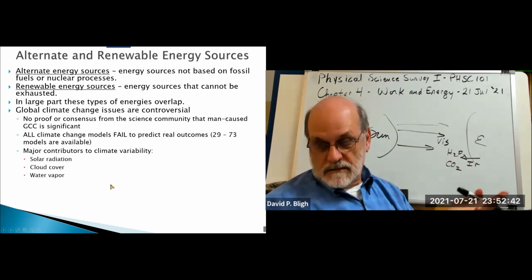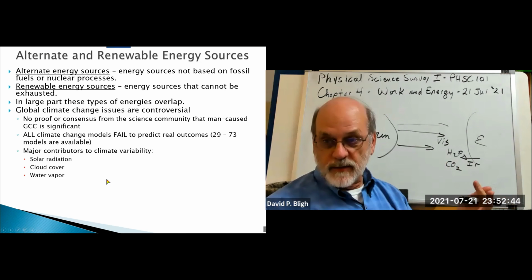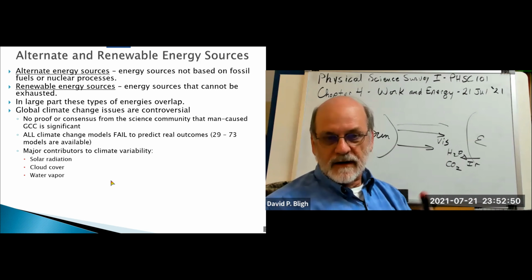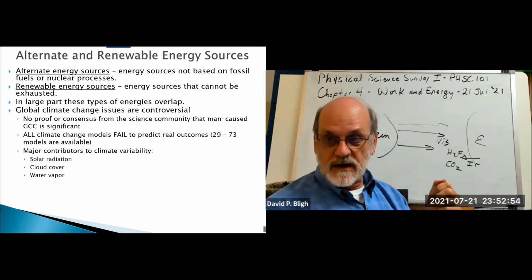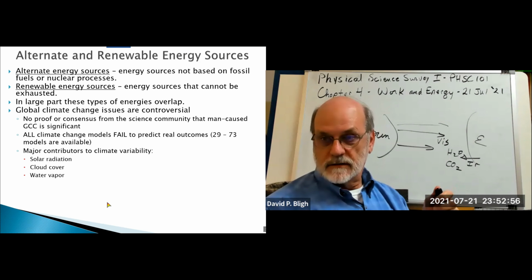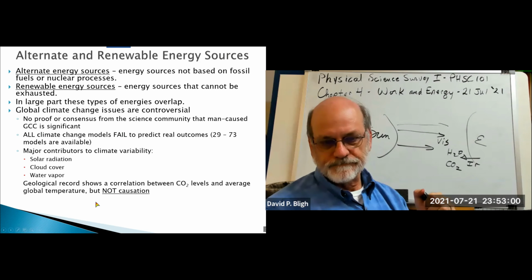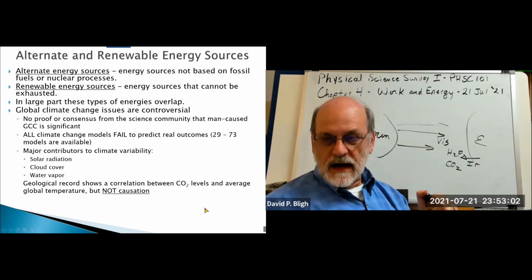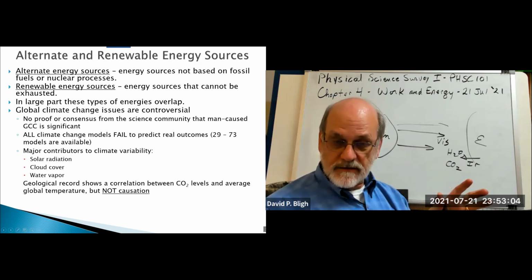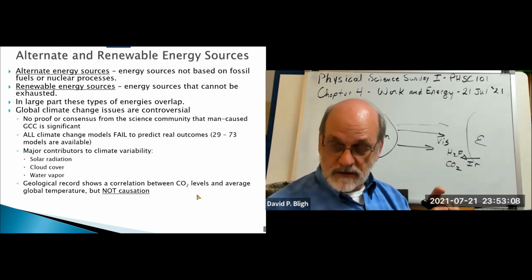And how do we control water vapor? Well, 2/3 of the Earth's surface is covered in water. How are you going to change that? So the argument that man is causing global climate change is ridiculous on its face. If we go to the geological record, there is a correlation.